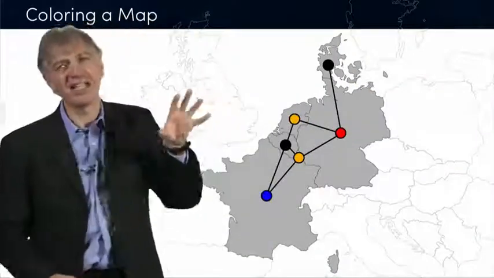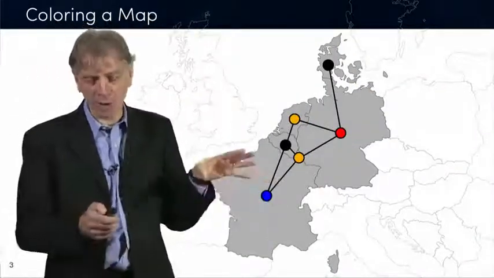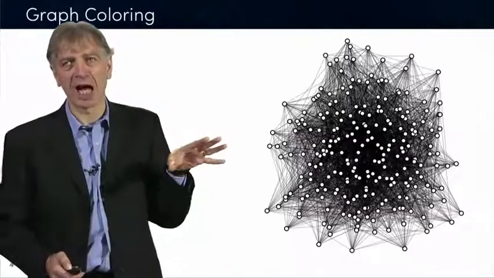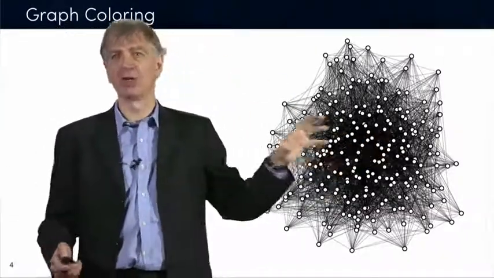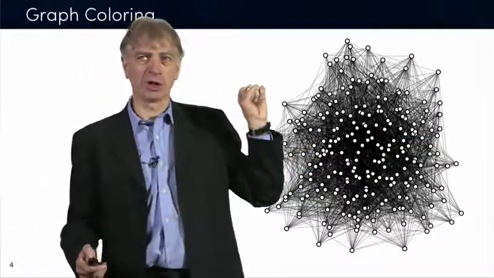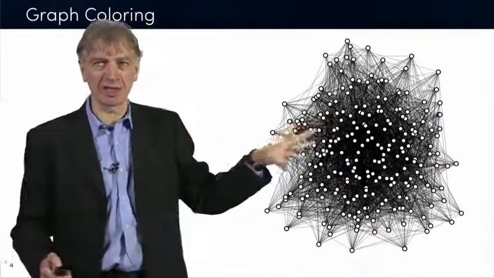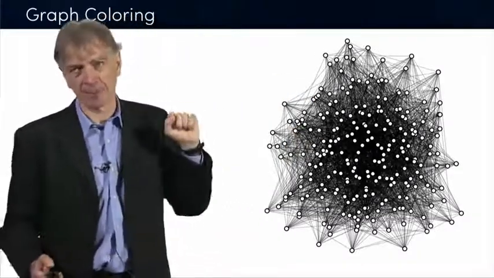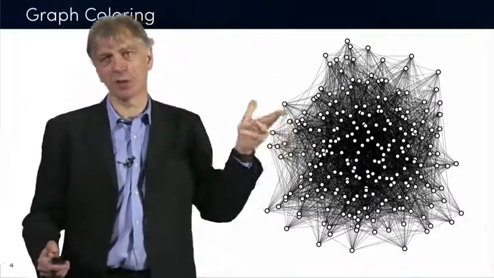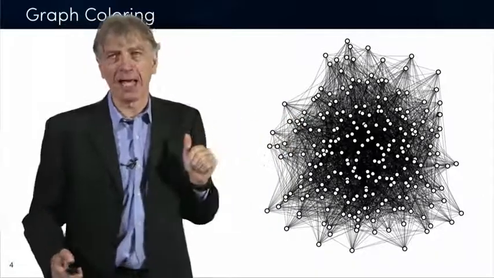Now this is a tiny little graph. What we are really going to be talking about here are really huge graphs. So this is 250 vertices. It's a graph which is generated randomly, and the probability of having an edge between two vertices is 10%, 0.1.